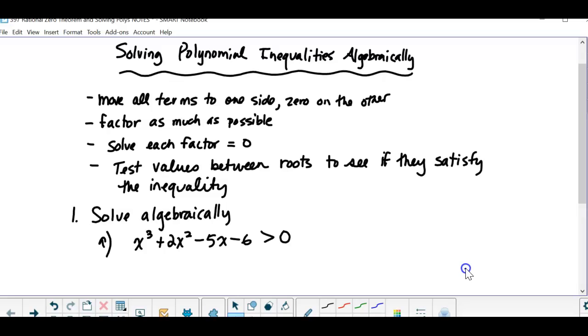You can graph it on your calculator to see which one might work. Show your division, synthetic or long division. So show your algebraic work. Then solve each factor to 0, because these have the 0 in them. One side has to be 0. Then test the values between those roots to see if they satisfy the inequality.